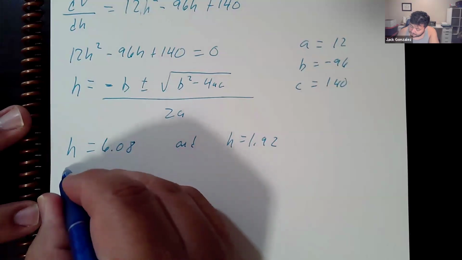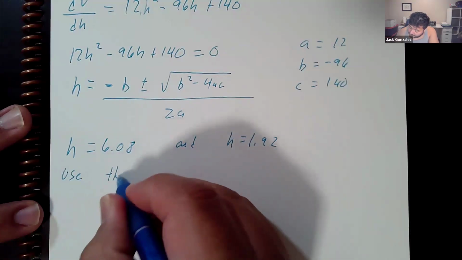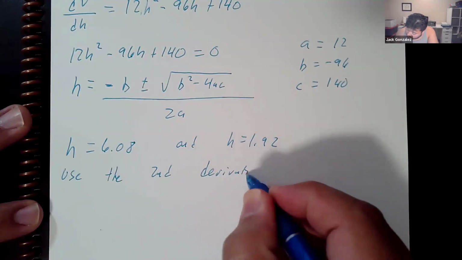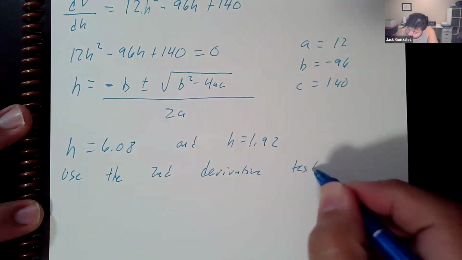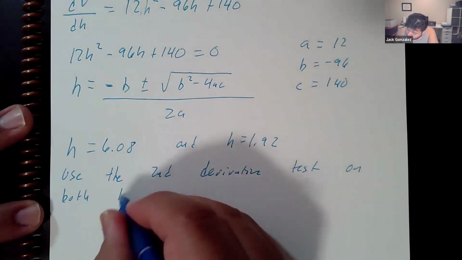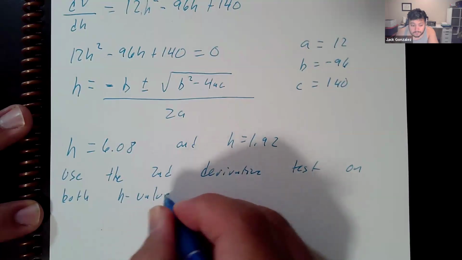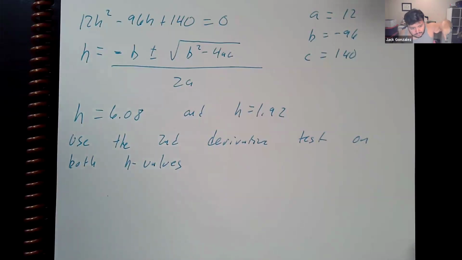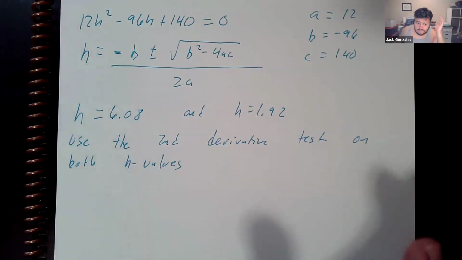At this point, use the second derivative test on both h values. Find out which one's concave down, which would be maximum. And we need maximum for the box, right? We're maximizing the volume.